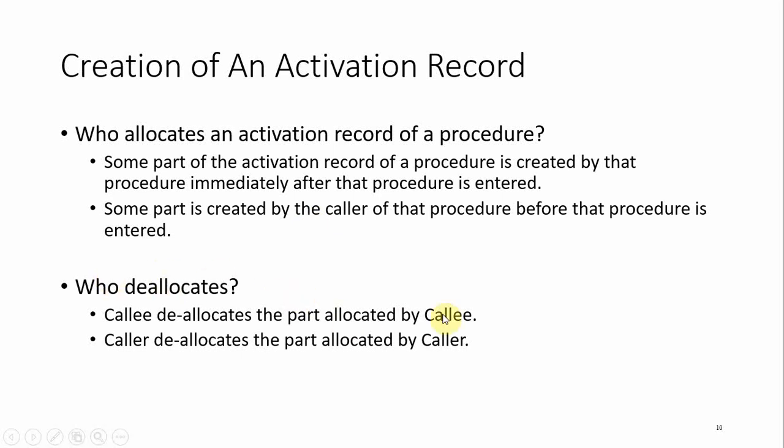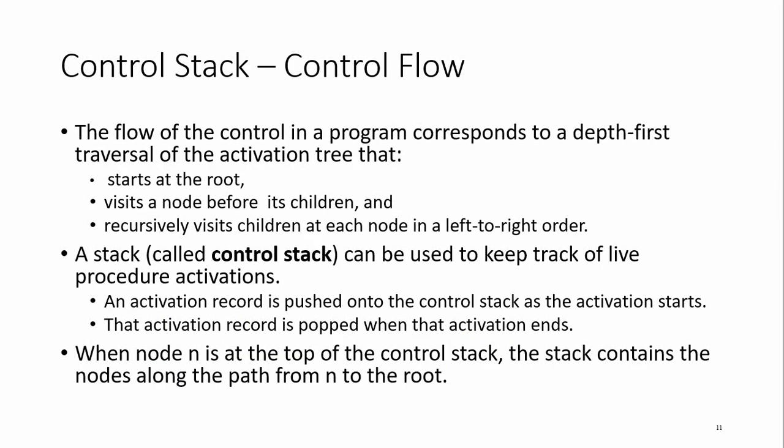The deallocation is also partly done by the caller as well as the callee. The callee deallocates the part allocated by the callee. In the case of temporary and local variable storage, everything is deallocated by the callee itself, and the caller deallocates the other part which was allocated by the caller.